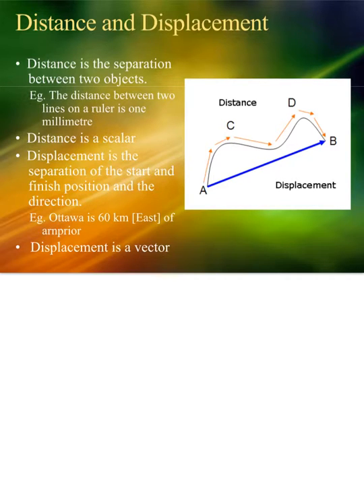Displacement is the separation of the start and finish position and the direction. So for example, Ottawa is 60 kilometers east of Arnprior, if you want to know where the school that we're teaching at is. Displacement's a vector. So that's important because you need to know where you are, and in a lot of physics, where you are is way more important than how far you've gone, okay?